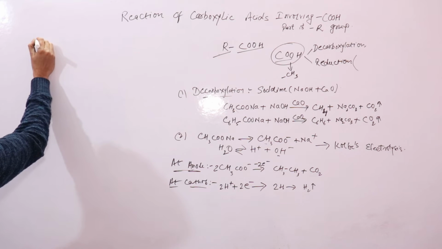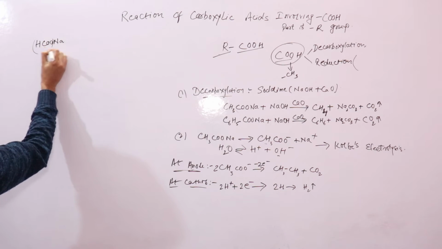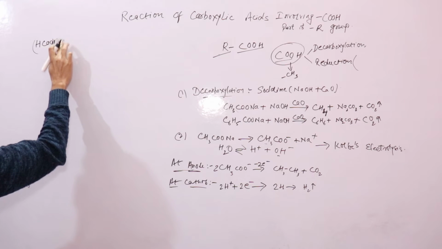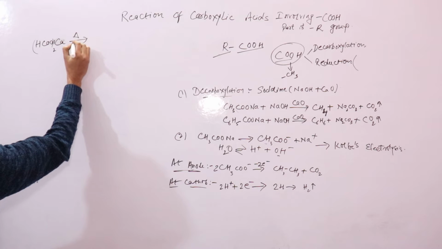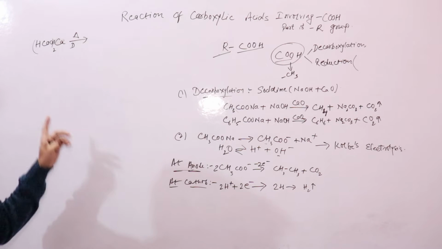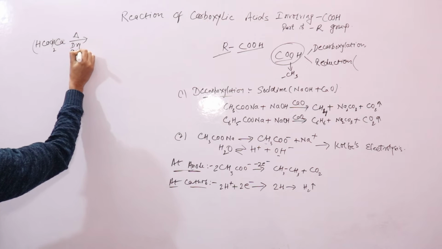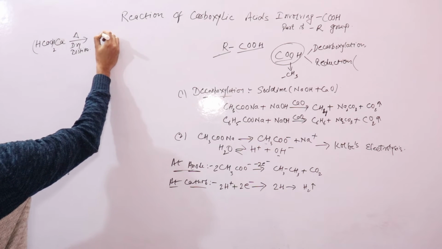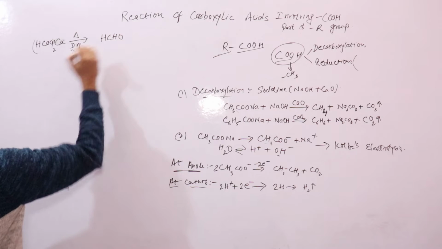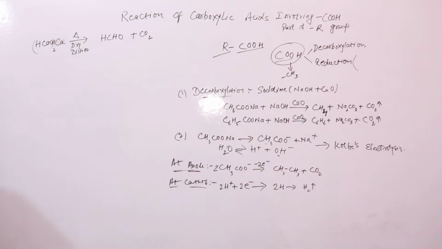For example, if you have calcium formate, when you do dry distillation of calcium formate, what it will form is HCHO plus carbon dioxide. HCHO is your formaldehyde.